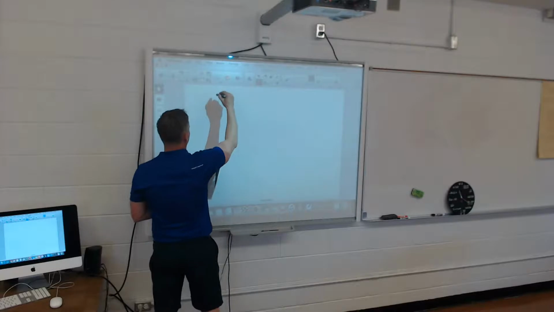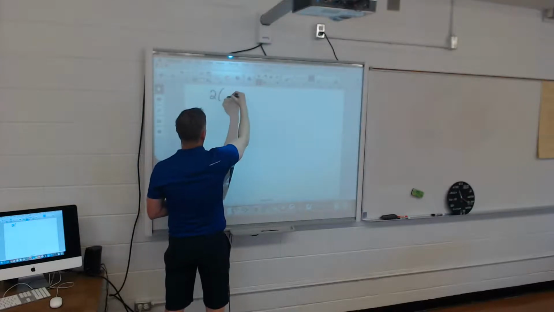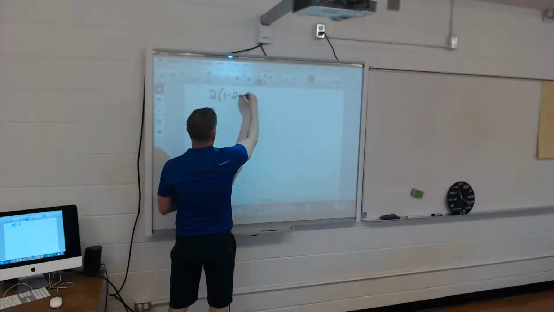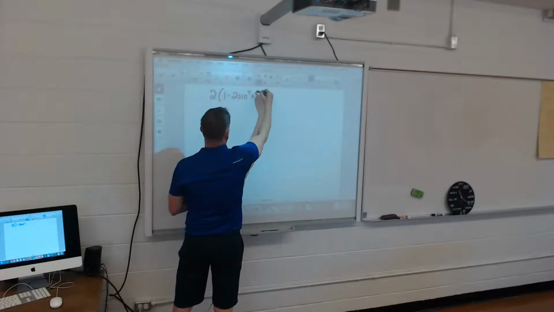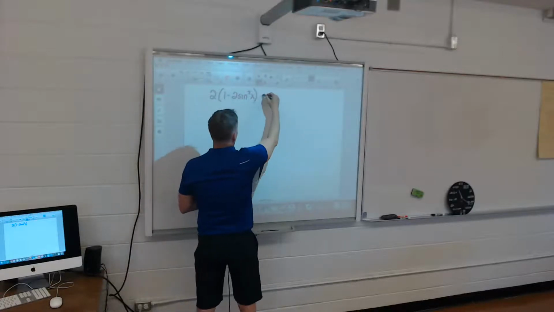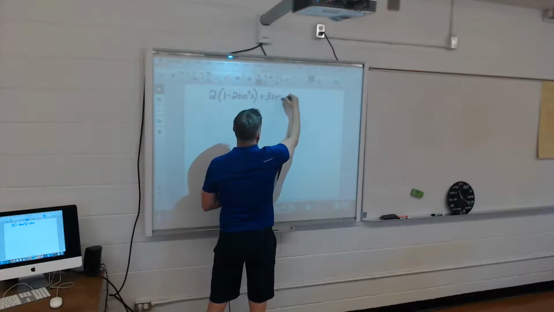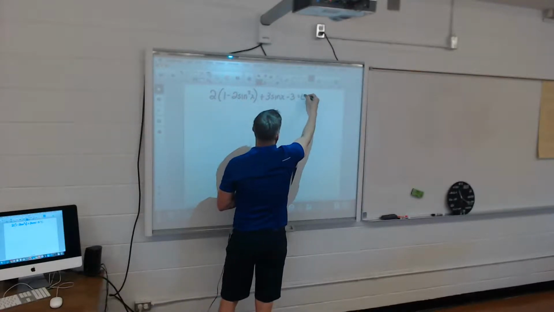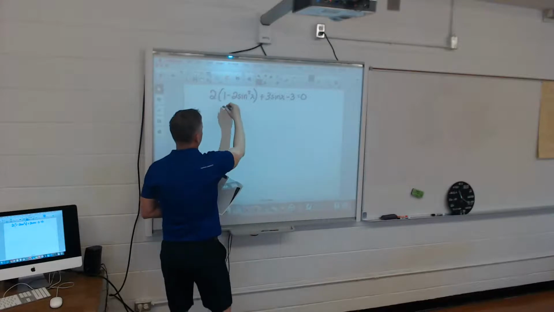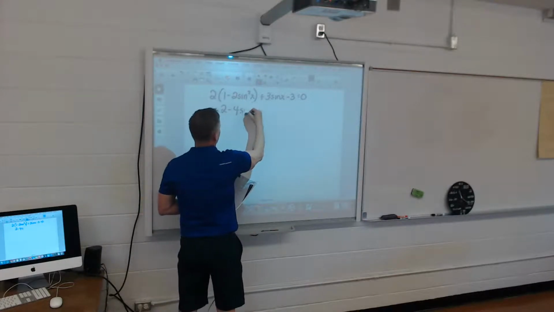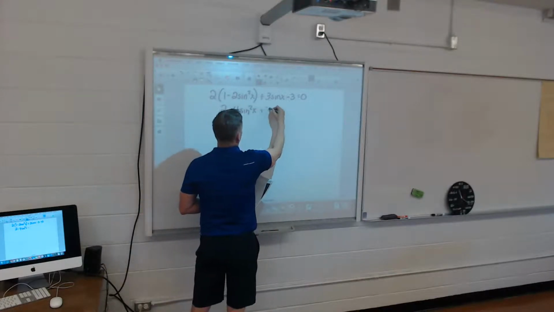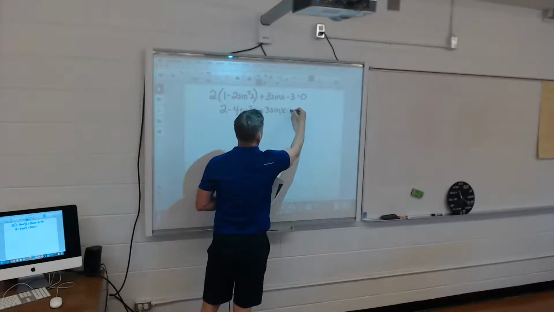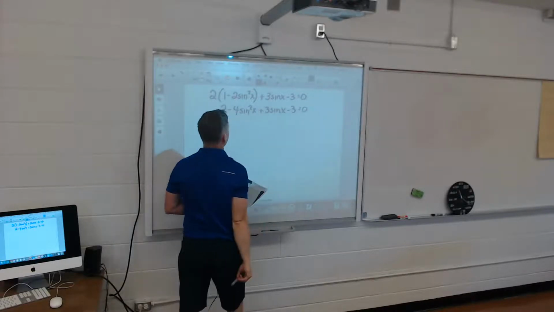2 cos squared x, I'm going to change to 2 times 1 minus 2 sine squared x plus 3 sine x minus 3 equals 0. So I get 2 minus 4 sine squared x plus 3 sine x minus 3 equals 0.